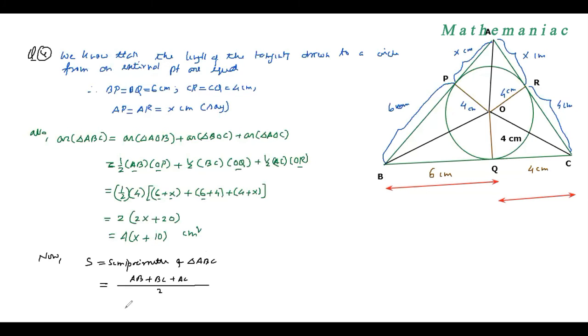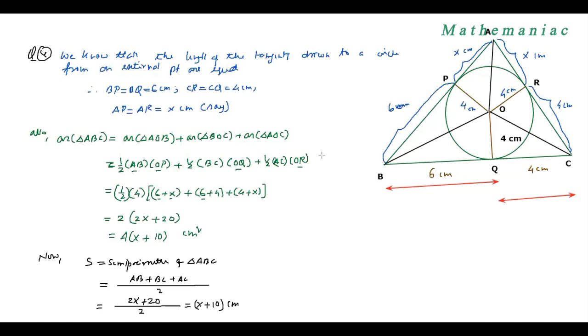So you can directly write this. You see, it is 6 plus 6, 12, 4 plus 4, 8. So 20, 20 plus twice x. So that means I can write this as twice x plus 20 divided by 2, giving me this as x plus 10. So we have come up to the semi-perimeter.